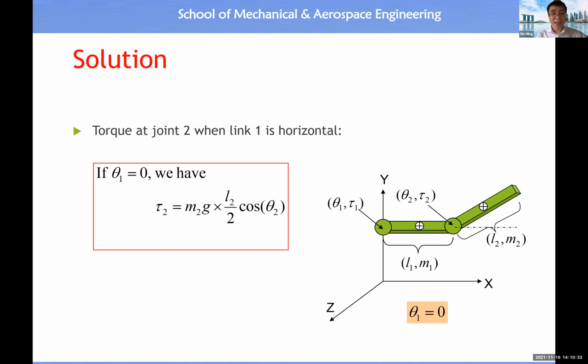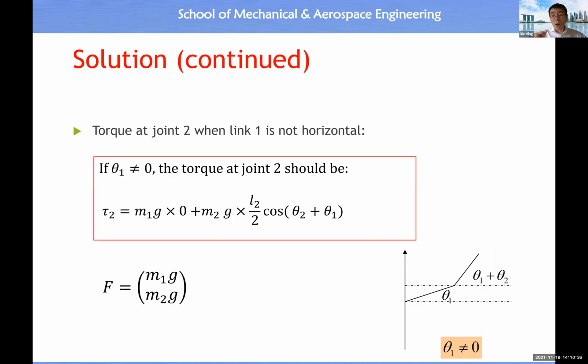Okay, all right. Then when theta 1 has a value not equal to 0, you will see the angular position of link 2 becomes theta 1 plus theta 2. Therefore, the moment arm of M2G becomes cosine of theta 2 plus theta 1.